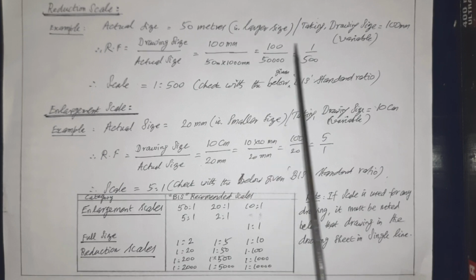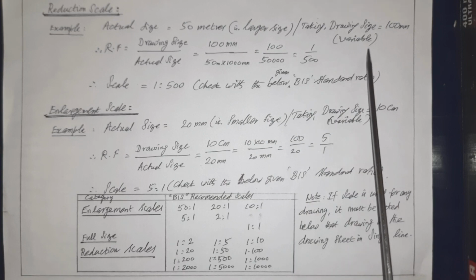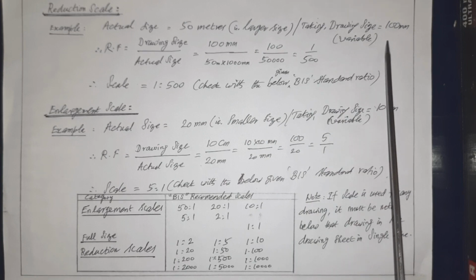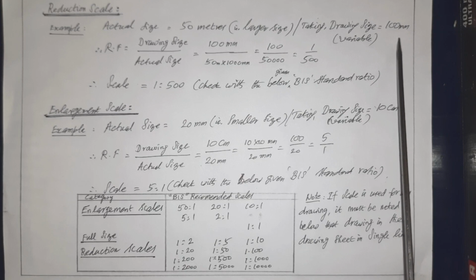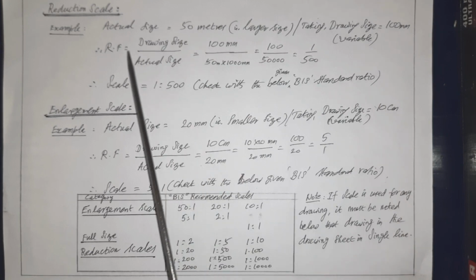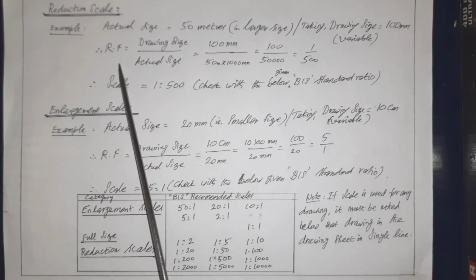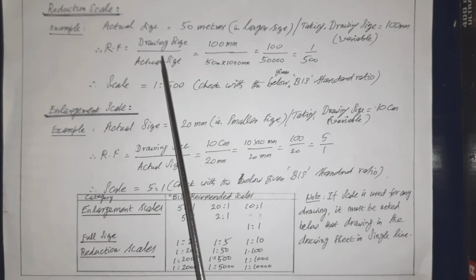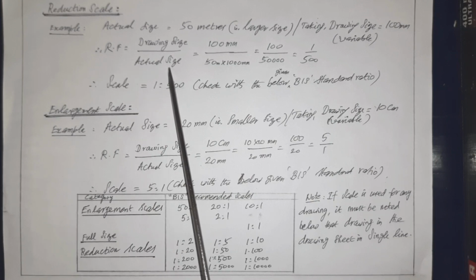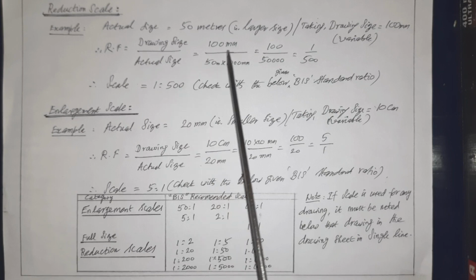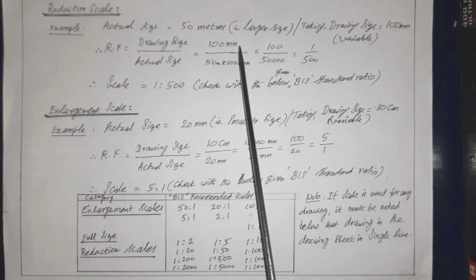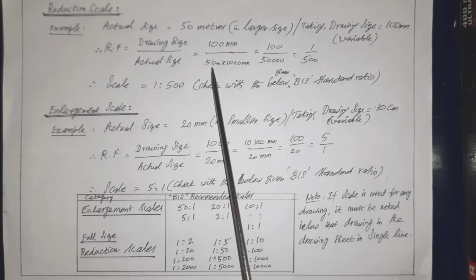Now, taking the drawing size as 100 millimeters for our convenience, the representative fraction equals drawing size divided by actual size, that is, drawing size we have taken 100 millimeters, actual size is 50 meters.